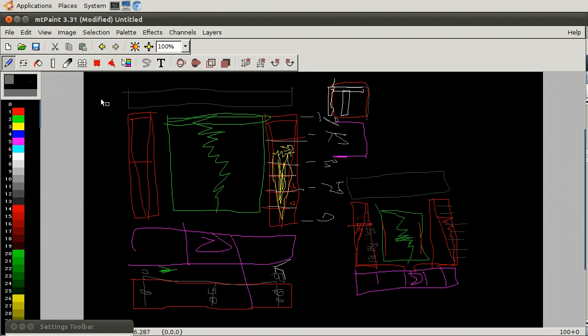Let's compare how the two would look. So if I have it like this, oops, 50, compared to something like this, 50.